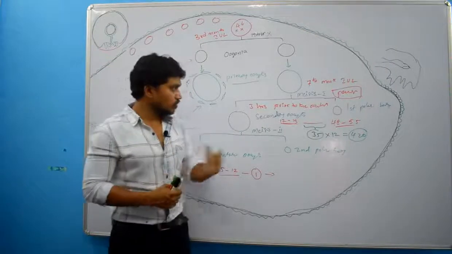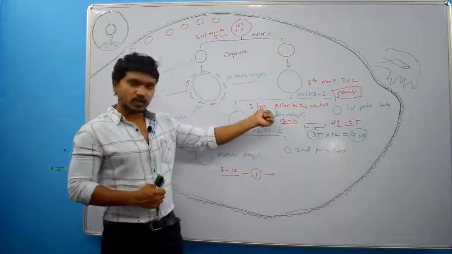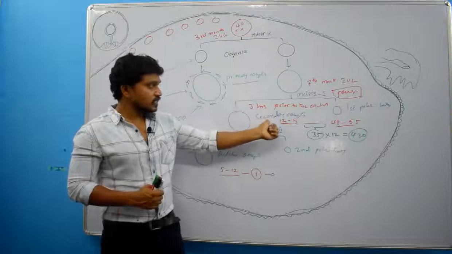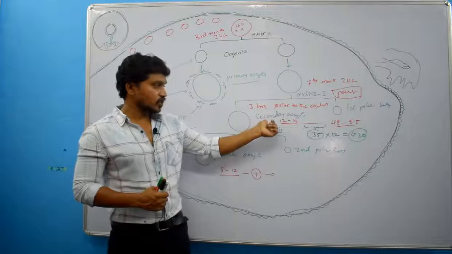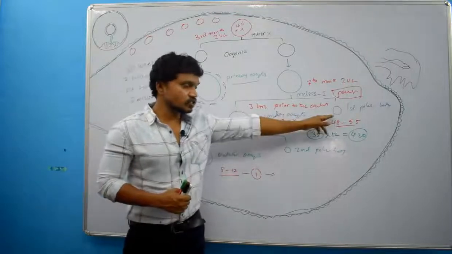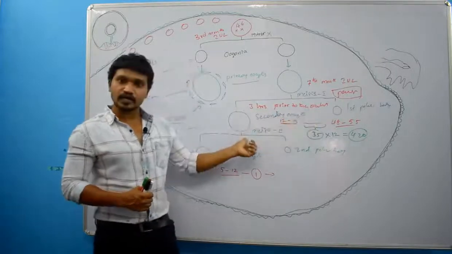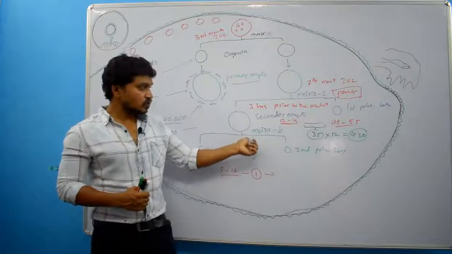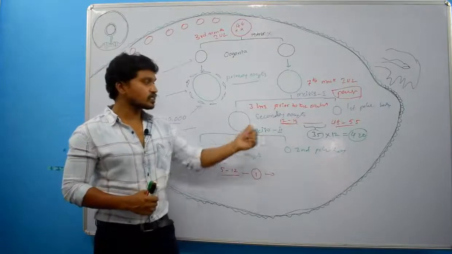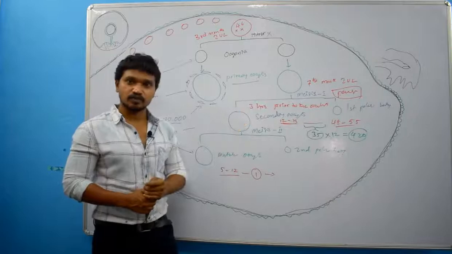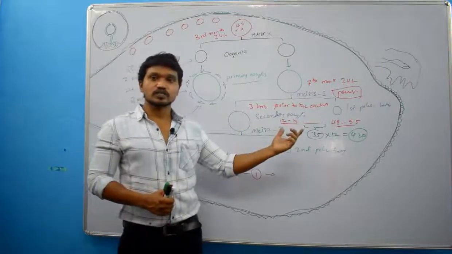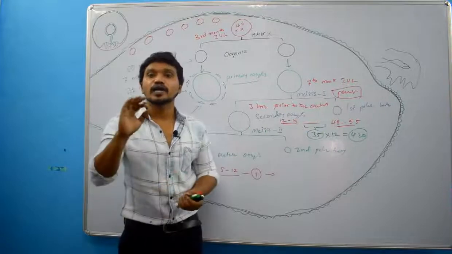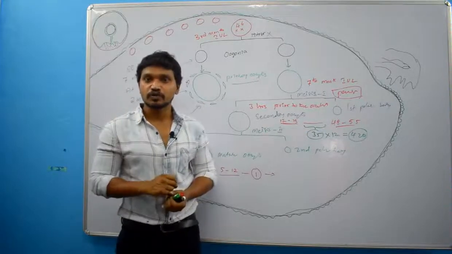So, coming to our topic proper, 3 hours prior to ovulation, meiosis 1 has been completed and there will be production of the secondary oocyte and first polar body. This secondary oocyte undergoes meiosis 2 as soon as the first meiotic division is completed. Right? And it proceeds up to metaphase 2.